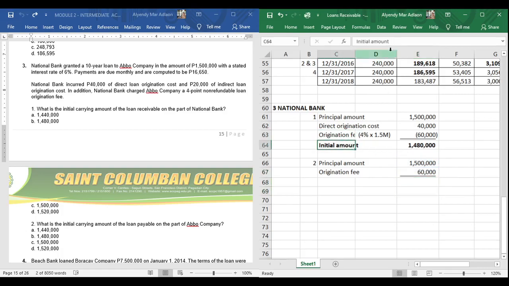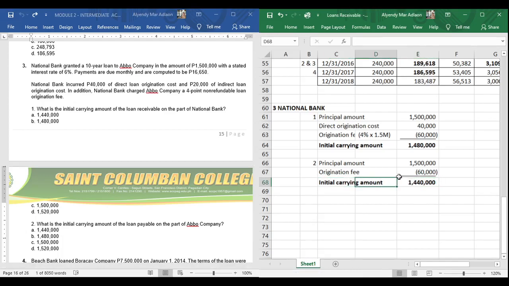Okay? So, class, I'm not used to the term initial amount, so I'm just gonna put initial carrying amount because it makes me awkward. Okay, so initial carrying amount, so origination fee, they will still be deducted. Therefore, our initial carrying amount is 1,440,000, and that is the rate.